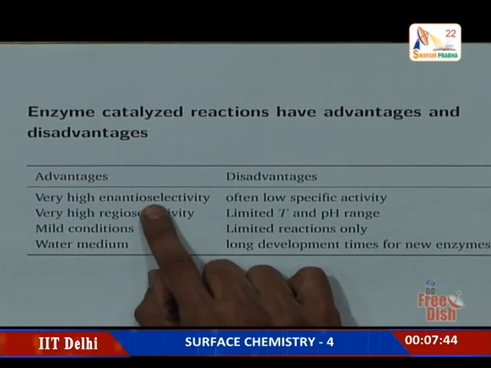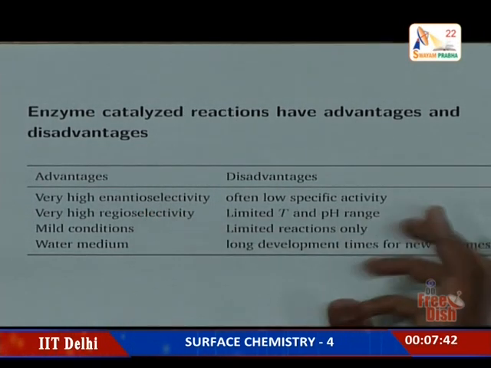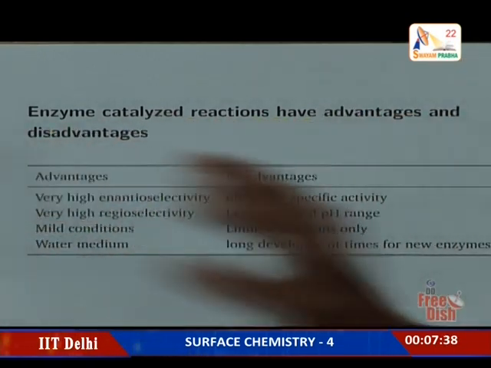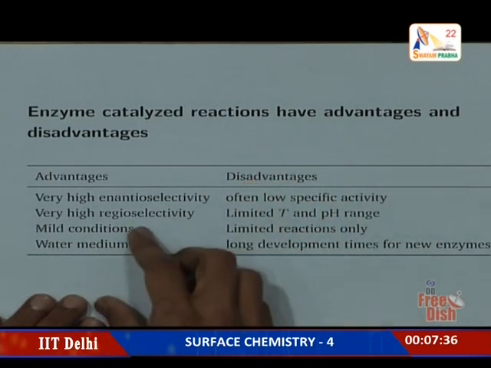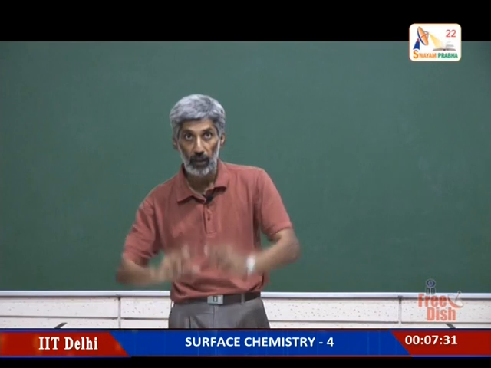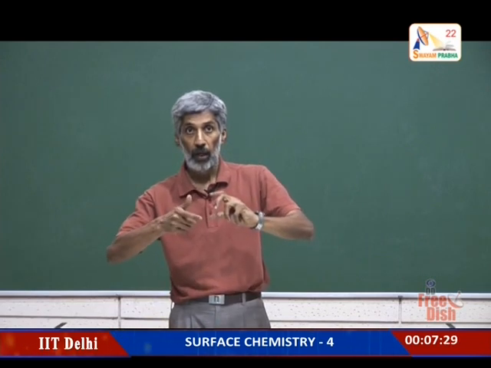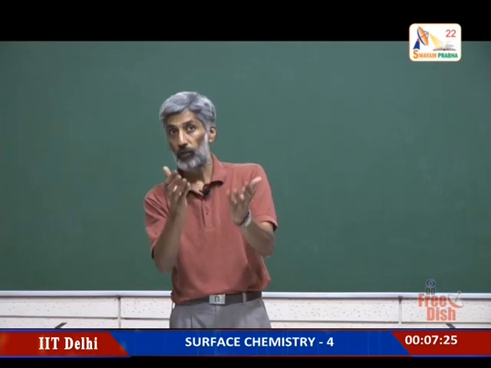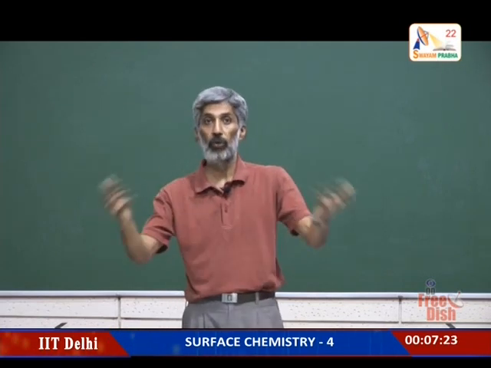They have very high enantioselectivity, and you can imagine this because these enzymes have strange shapes, and even if there is a small change in the reactant that binds, the enzyme will be unable to bind that thing, and if there is no binding, then there is no reaction.